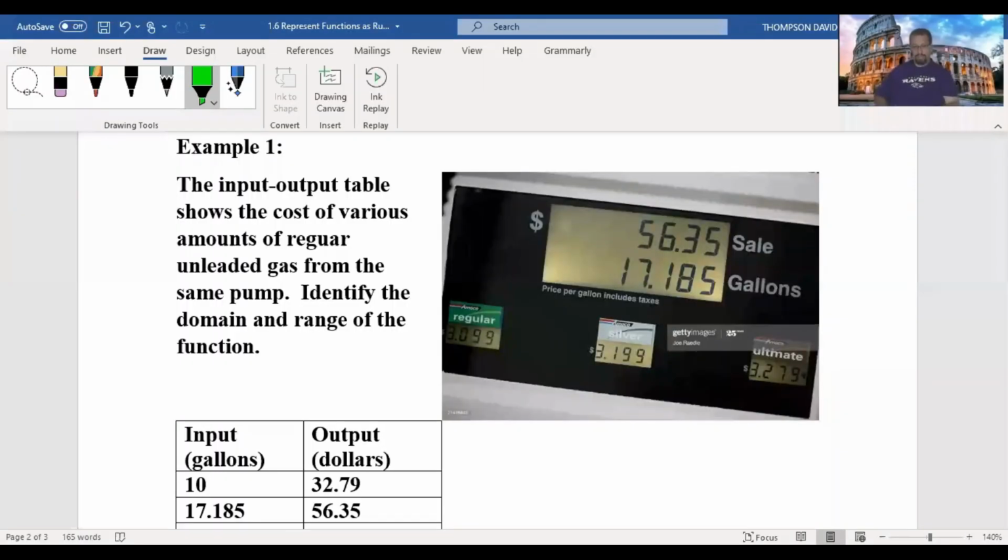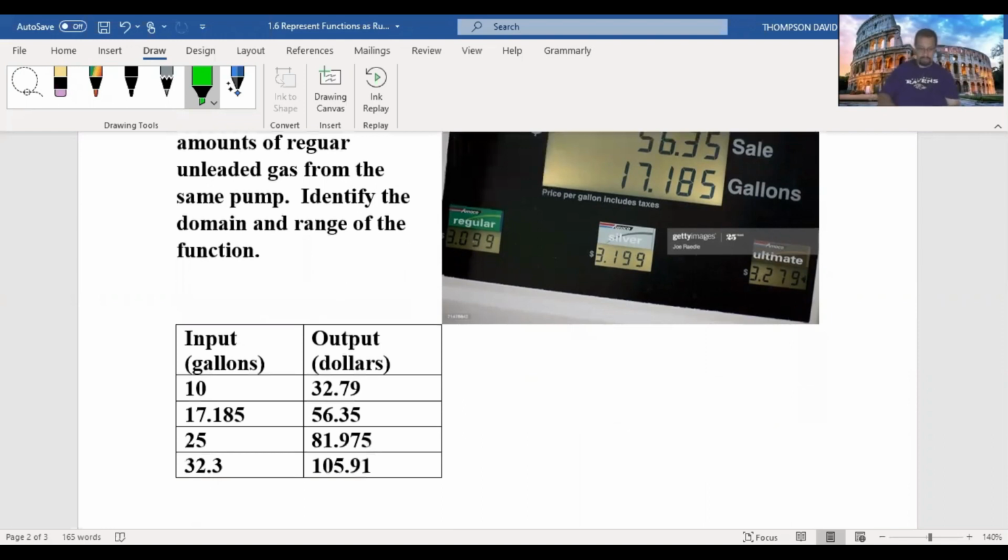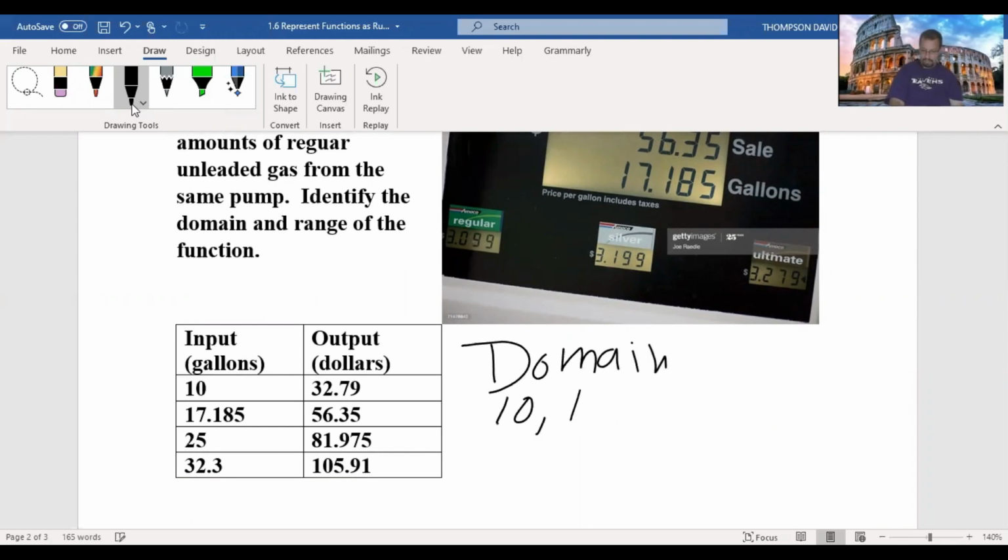Example 1. The output table shows the cost of various amounts of regular unleaded gas from the same pump. Identify the domain and range of the function. So our domain is just simply the numbers 10, 17.185, 25, and 32.3.